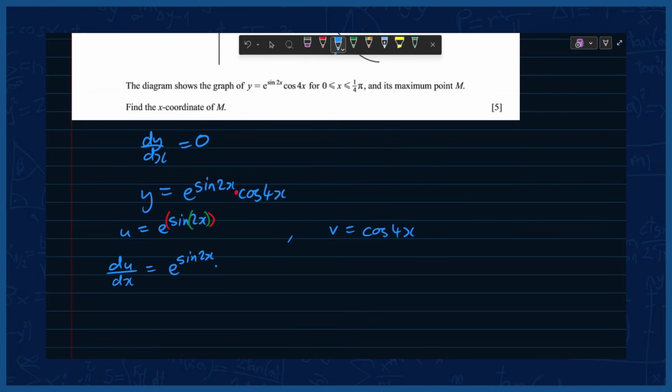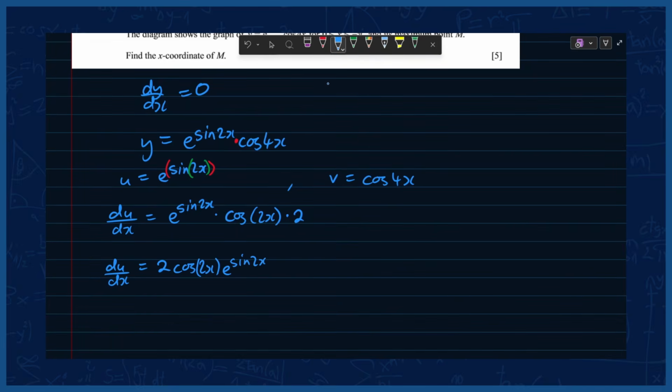Then move on to the inside function. If you differentiate sine, you're going to get cos. So we've got cos 2x. And then the green function, if you differentiate 2x, you just get a 2. So multiply by 2. So that means our du dx is going to be 2 cos 2x times e to the sine 2x.